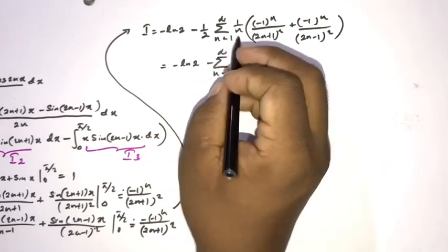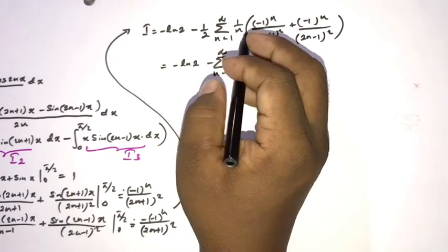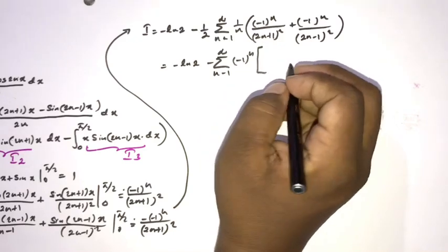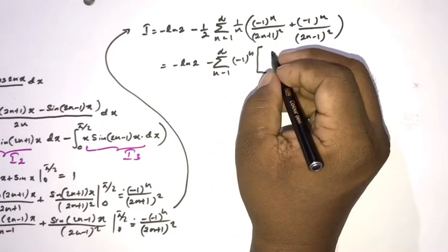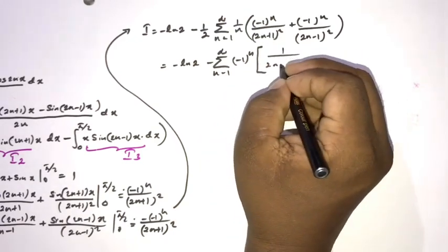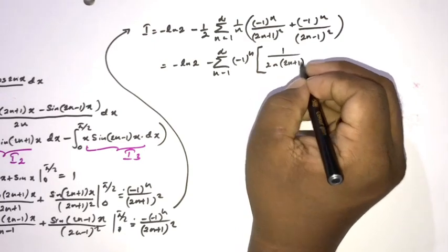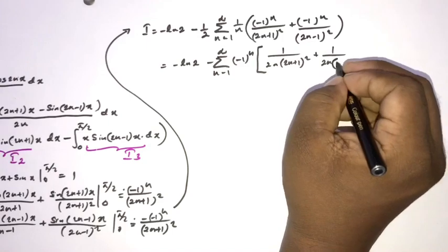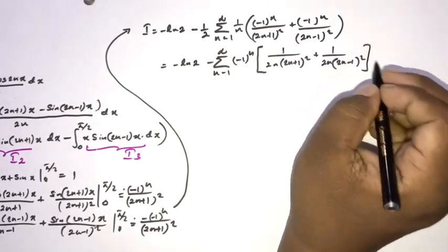equal 1 to infinity, here we have 2, here we have n, so I'm going to multiply by n and take minus 1 to the n as a common factor, so here we have 1 over 2 times (n plus 1) squared, then here plus 1 over 2 times n (2n minus 1) squared.